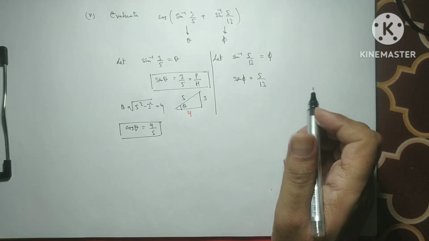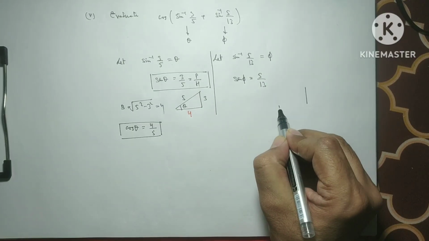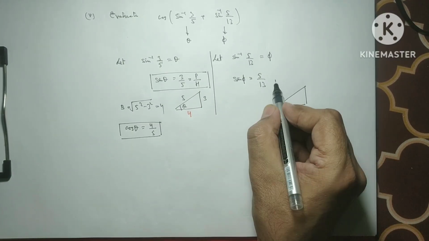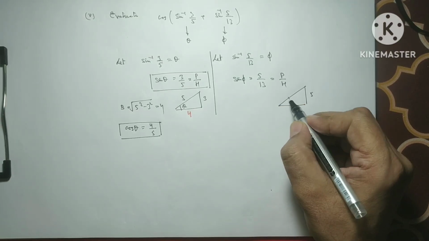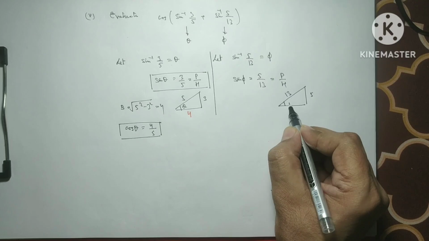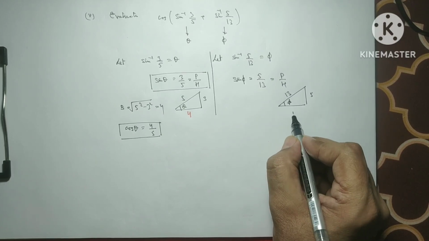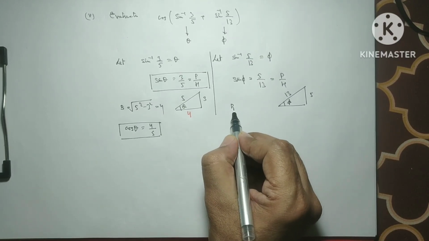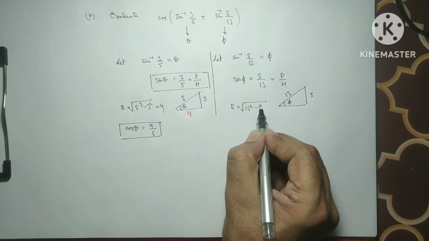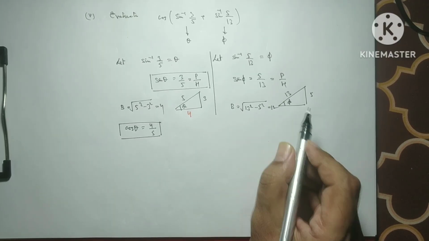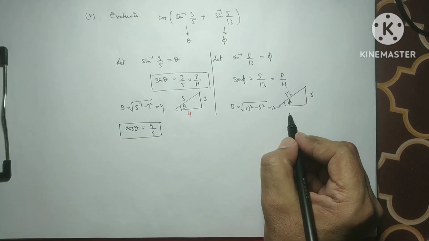And in case of sin phi, the triangle according to P/H, so it is 5 and this is 13 and this angle is phi angle, so the base will be under root 13 square minus 5 square, so we get 12. So it is 12.